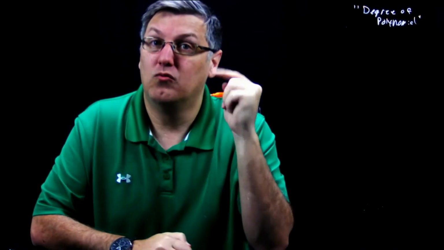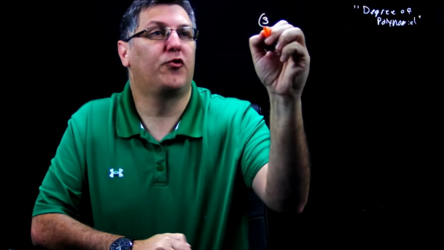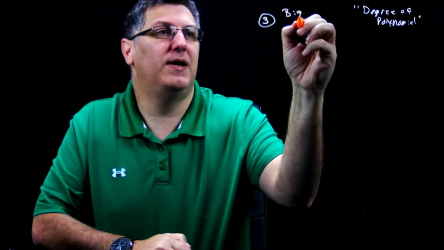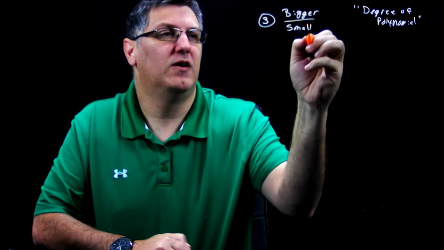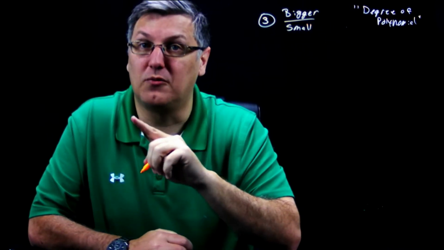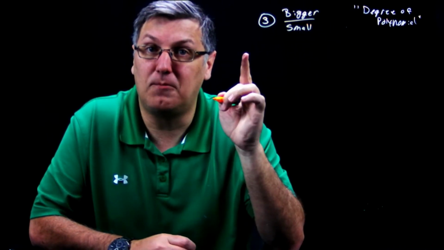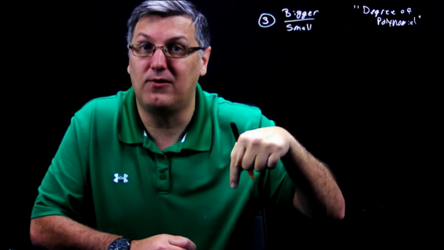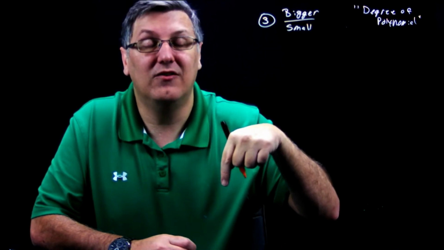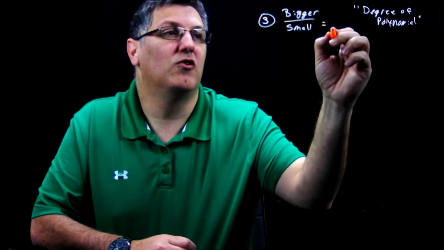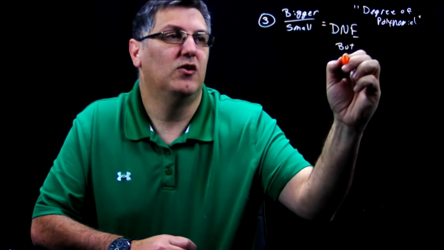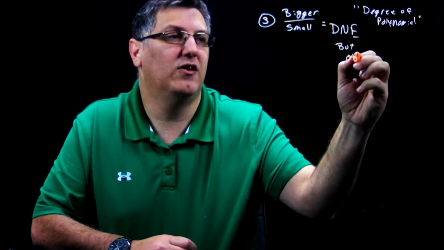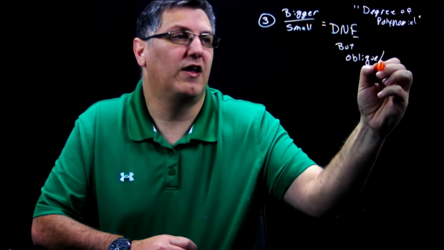All right, rule 3, here we go. Rule 3, if the top is bigger than the bottom. So in this case, we're still talking degrees of polynomial. If the degree of the polynomial on top is larger than the degree of the polynomial in the denominator, my horizontal asymptote does not exist, but we will have an oblique, or slant, asymptote.